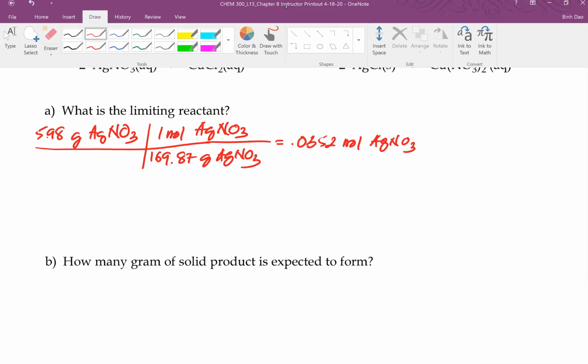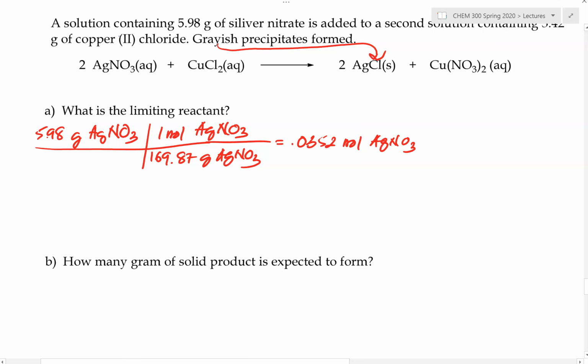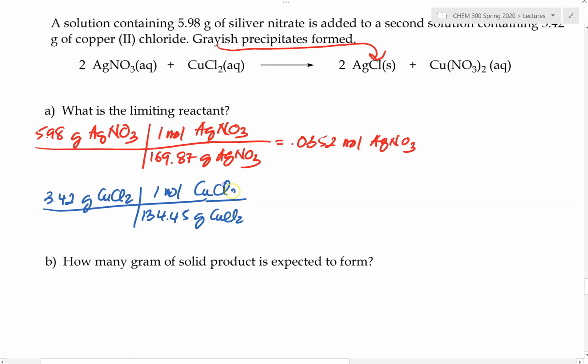And now we're going to do something similar with the other reactant. So in this case, the copper 2 chloride. And we have 3.42 gram of copper 2 chloride. And the molar mass of copper 2 chloride is 134.45 gram of copper 2 chloride equal to 1 mole of copper 2 chloride.